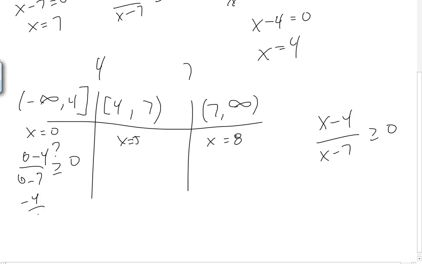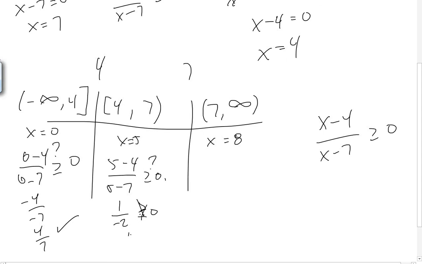Well, negative 4 over negative 7, it does work. You get 4/7. That's greater than 0. Trying 5, 5 minus 4 over 5 minus 7, is that greater than or equal to 0? Well, 1 over negative 2 is not greater than or equal to 0. So the middle one doesn't work.